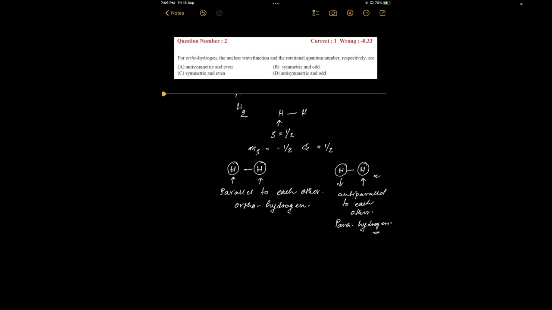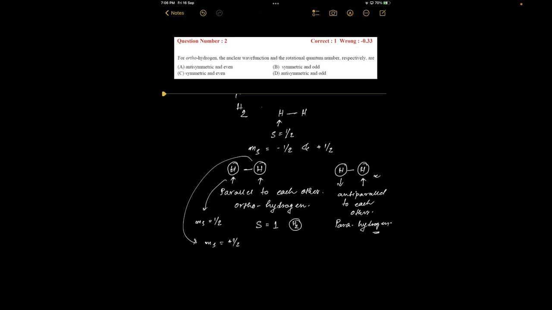Now in orthohydrogen you can see the two spins are aligned parallel to each other. That means for this spin ms is plus half, and for this hydrogen atom ms is also plus half, or it can be minus half. So the total spin quantum number of the hydrogen gas for the orthohydrogen case is 1.